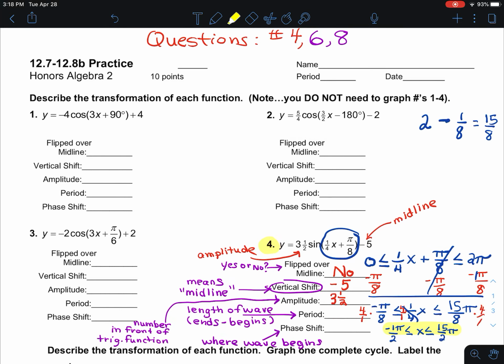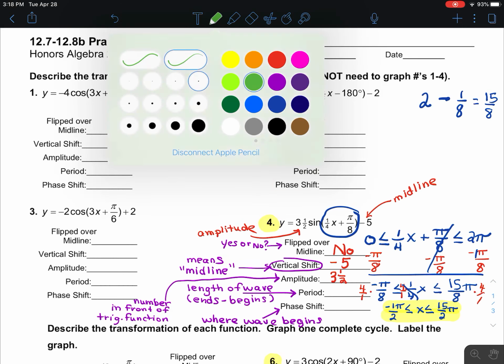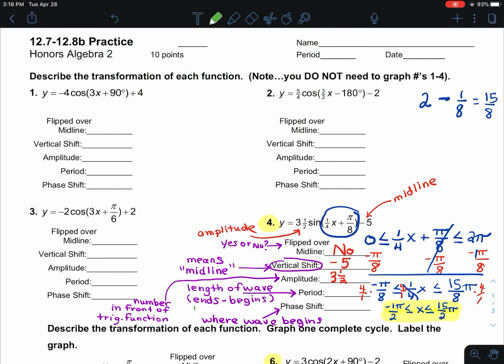I am going to highlight that because this tells me that this wave starts at -pi/2 and it ends at 15pi/2, okay? So to get the period length, I'm supposed to take where it ends, which is 15pi/2, minus where it begins. I got a double negative here because I'm subtracting a -pi/2.